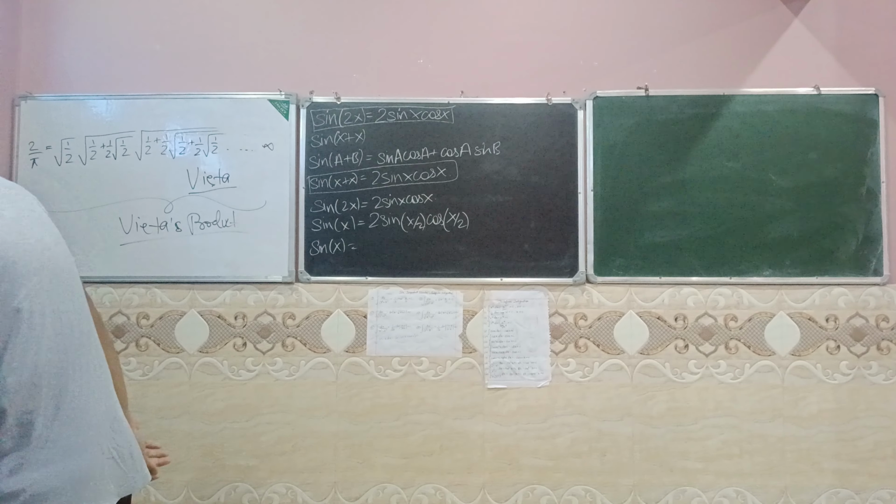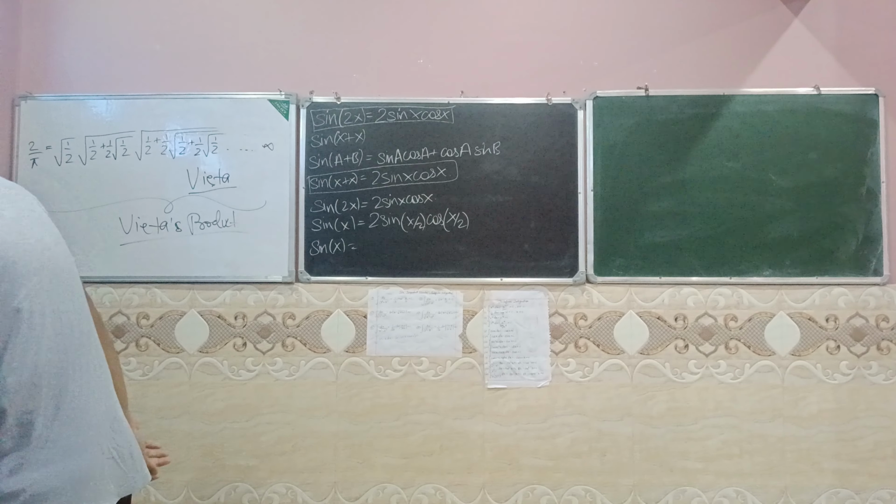Using the double angle formula, I take half of this angle on the right hand side as 2 sine of x over 4 cosine of x over 4. I hope you can imagine that. And sine of x over 4 can be taken as 2 sine of x over 8 times cosine of x over 8.